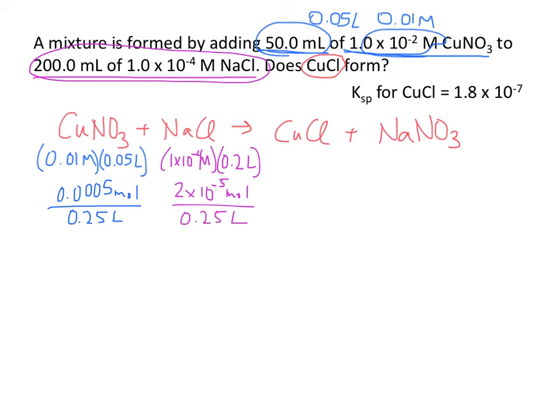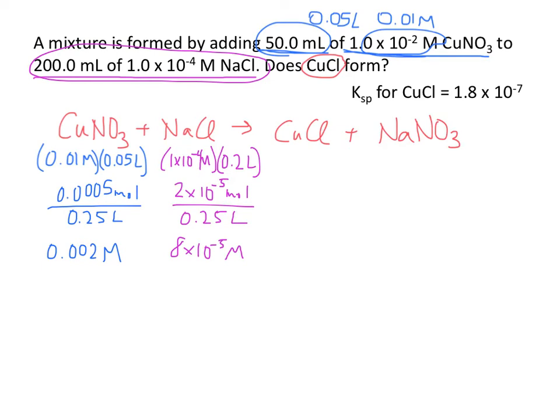And when I do that, I'll get a new molarity of 0.002 molar for the copper nitrate, and 8 times 10 to the negative 5 molar for the sodium chloride. So that's just to start with what is originally in my beaker.